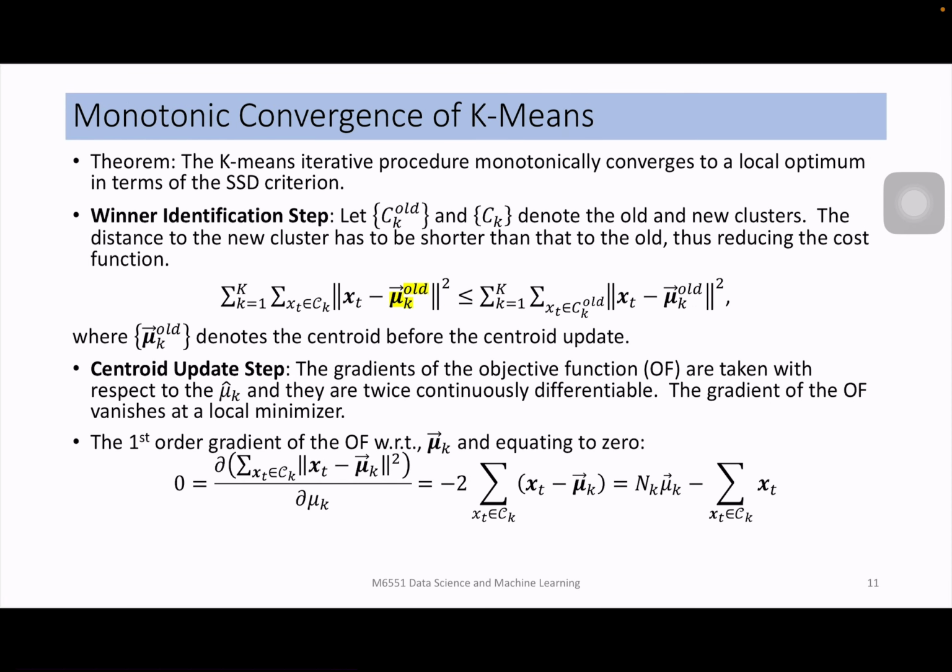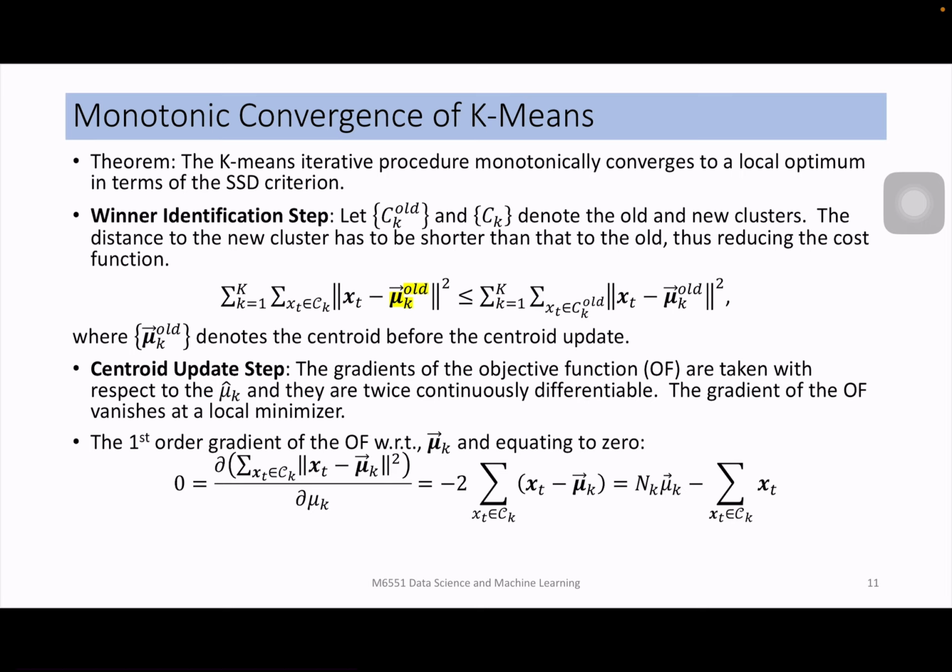Okay, so monotonic convergence of k-means: the theorem states that the k-means iterative procedure monotonically converges to a local optimum in terms of the SSD criteria. Winner identification step: let Ck old and Ck new denote the old and new clusters. The distance to the new cluster has to be shorter than the old, hence reducing the cost function.